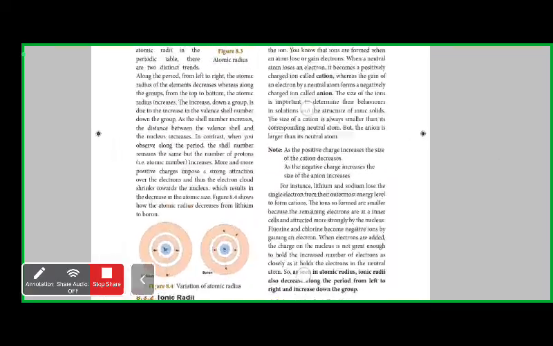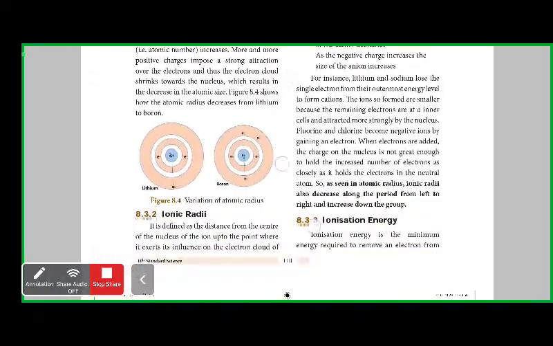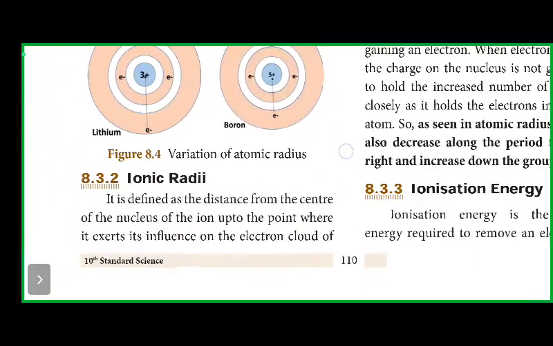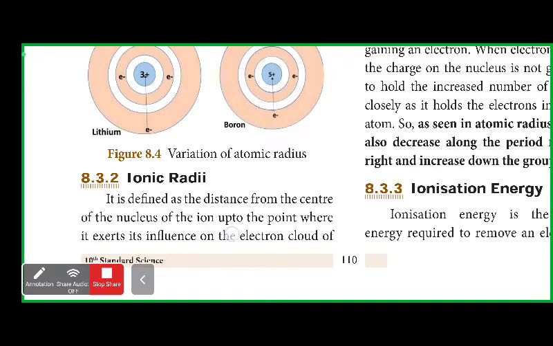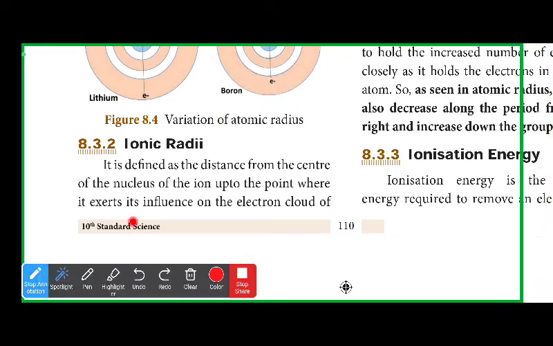Now next we have to move on to ionic radii. So what is this ionic radii? Ionic radii is defined as the distance from the center of the nucleus of the ion up to the point where it exerts its influence on the electron cloud.